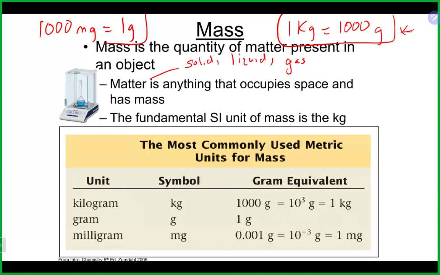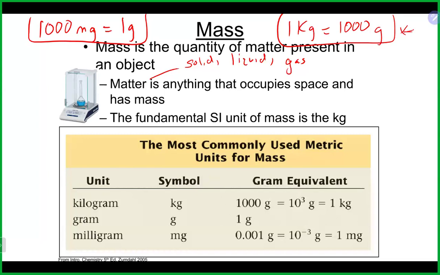Milli is 10 to the minus 3, so it is a smaller unit, and there's a lot more of it. Those are 2 very common mass conversions. Most of the time we deal with grams, a very common unit in the laboratory. Most balances, like those in the back of the room, give the measurement in grams. But kilograms does pop up a lot.